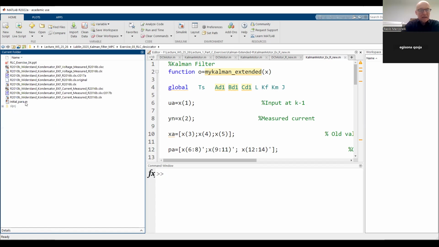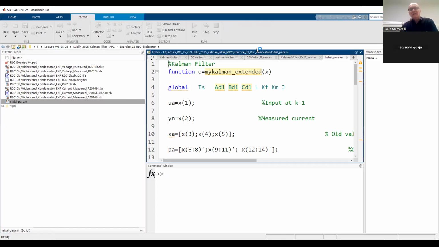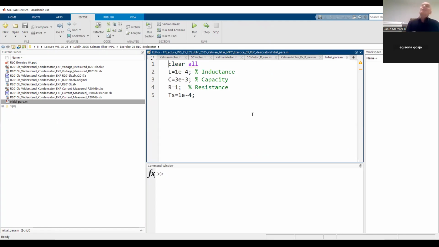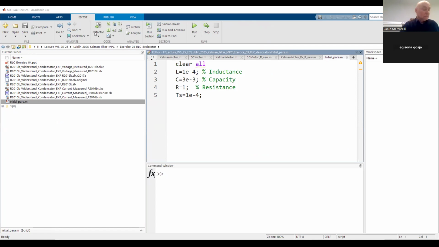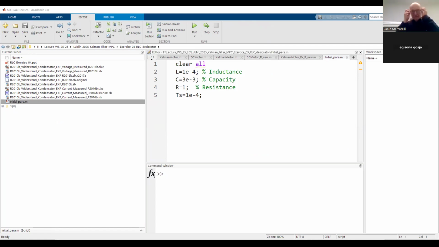Okay, let me open this file. This is the file of the data: L, C, R, and TS. Let me run the data.